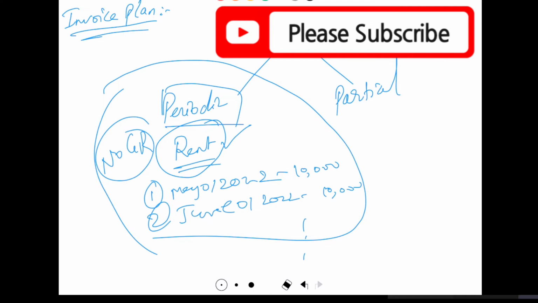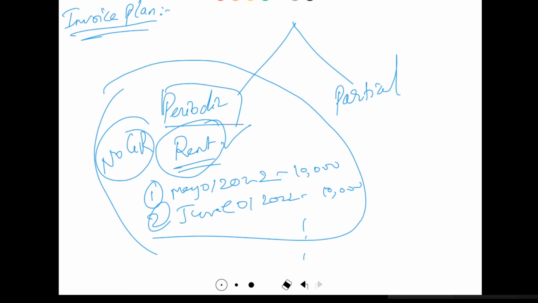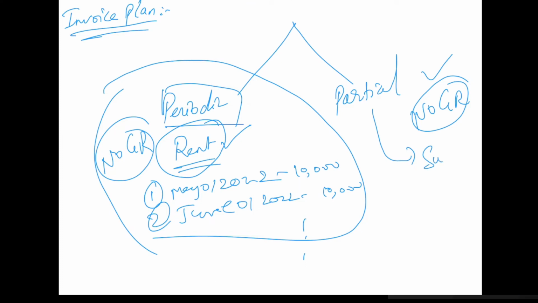Did you understand what we mean by periodic? Right, now coming to partial. With the partial invoice plan, here also there is no GR, but there will be an agreement. Let's say a survey. I got the requirement from my client to survey one new product. They divided it into stage 1, stage 2, stage 3.